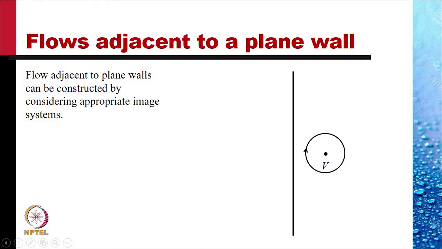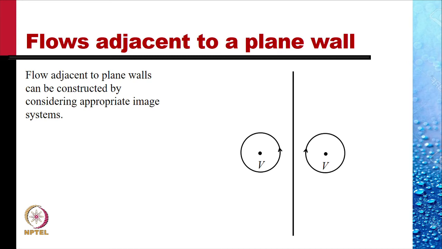Similarly, we might have a vortex sitting close to a wall. To construct the potential for this, we imagine an image vortex situated on the other side of the wall at equal distance.